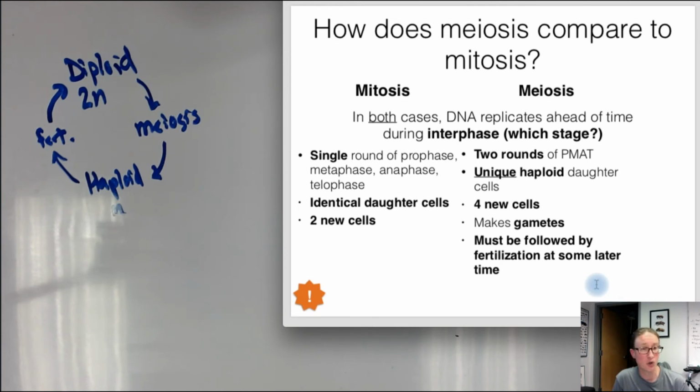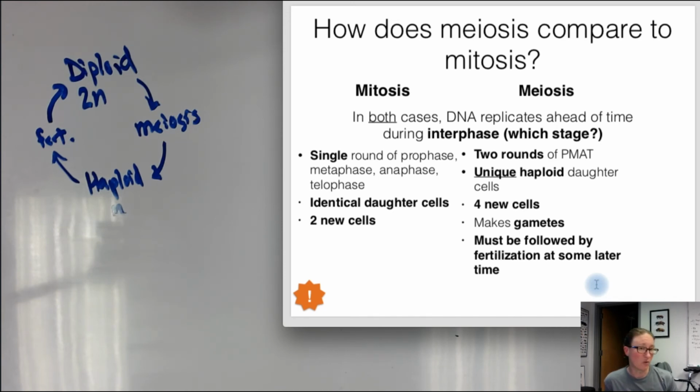In contrast, in meiosis, cells go through two rounds of prophase, metaphase, anaphase, telophase. By the end of meiosis 2, the end result will be unique haploid daughter cells. And we'll take a look at how that happens.